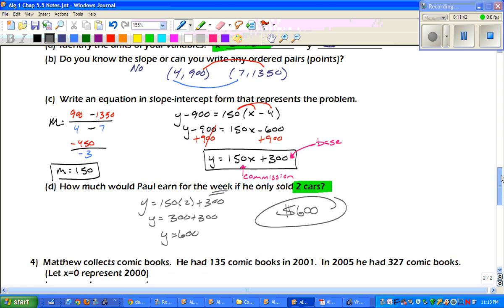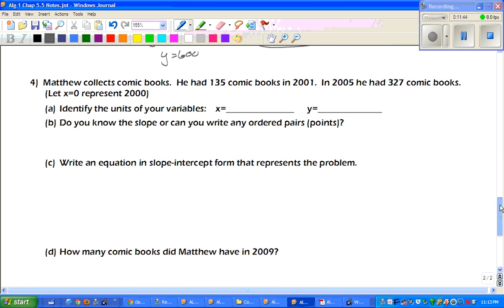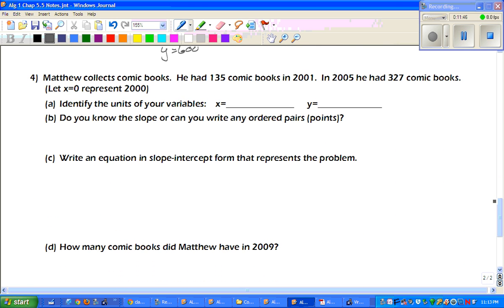All right, let's read through number 4. Matthew collects comic books. He had 135 comic books in 2001. In 2005, he had 327 comic books. Okay, let x equals 0 represent 2000. Now, the reason why they're telling you that is so we're not going to be using too big of numbers.